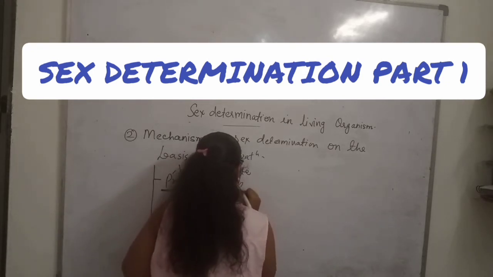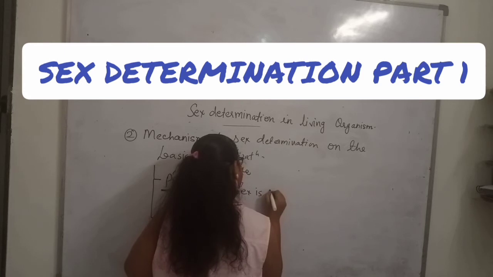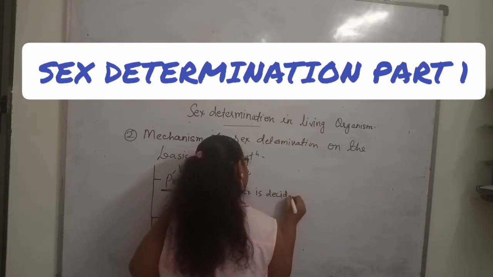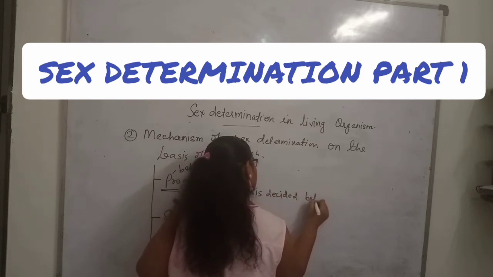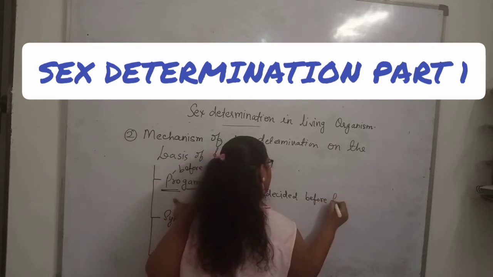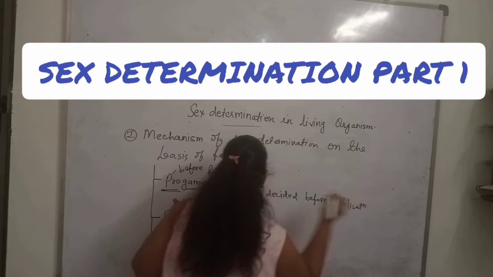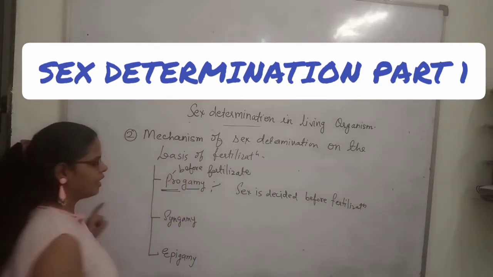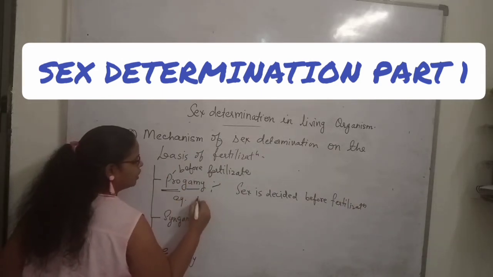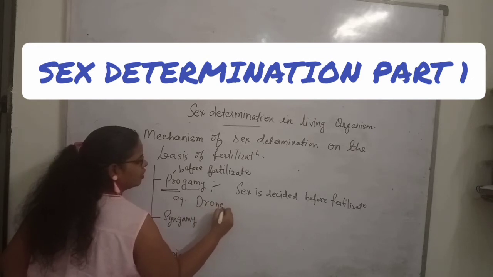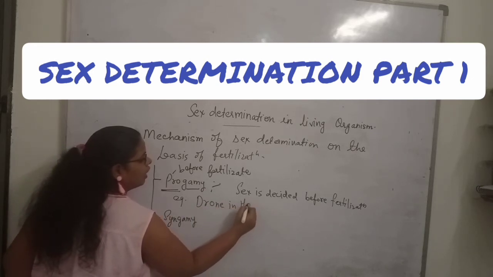So, the sex is decided before fertilization. Right? So, it is progamy. Example: drone in honeybee.